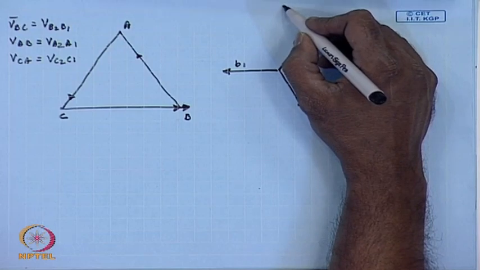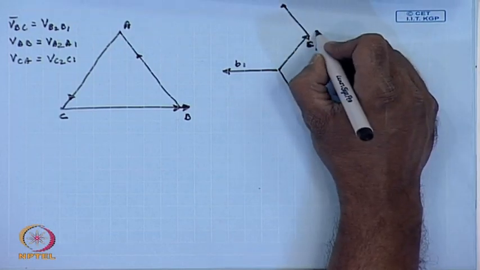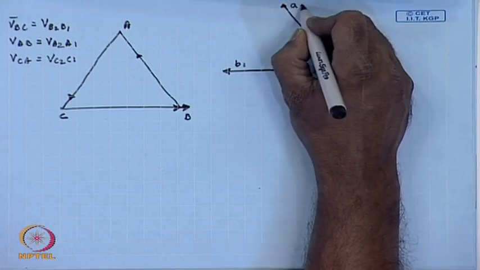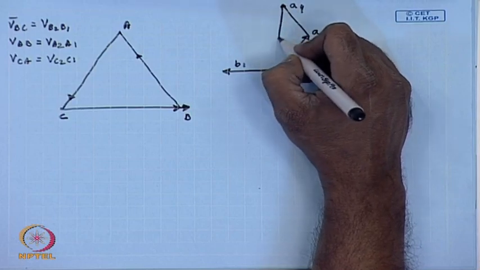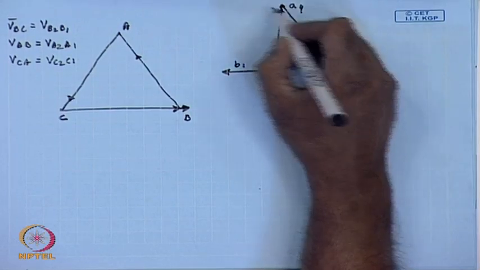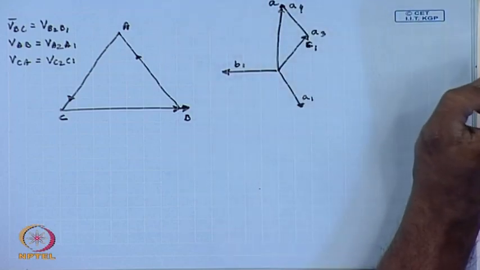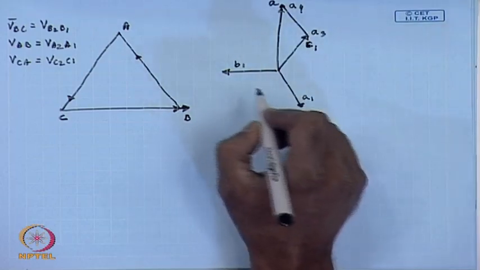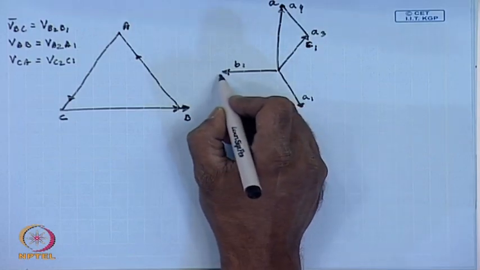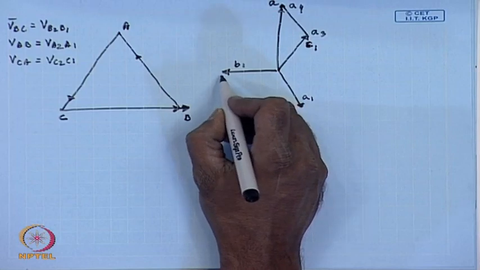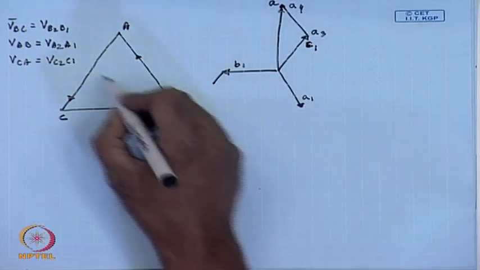So, this is A3 A4 and this is the voltage VA, this is the terminal A. Similarly, phase C is obtained by connecting C4 C3 with B1 B2, which is parallel to this.